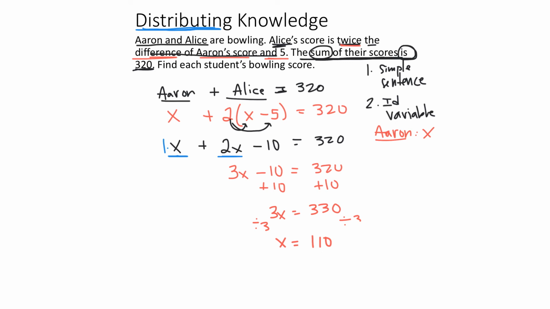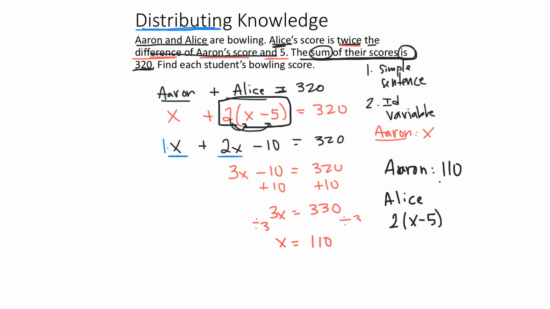Now again, remember that 110 represents Aaron's score. So in this particular case, Aaron bowled a 110, and the way that we would figure out Alice's score is that we would use this particular piece that we created to help us find that. Alice's score had an expression of 2 times x minus 5.